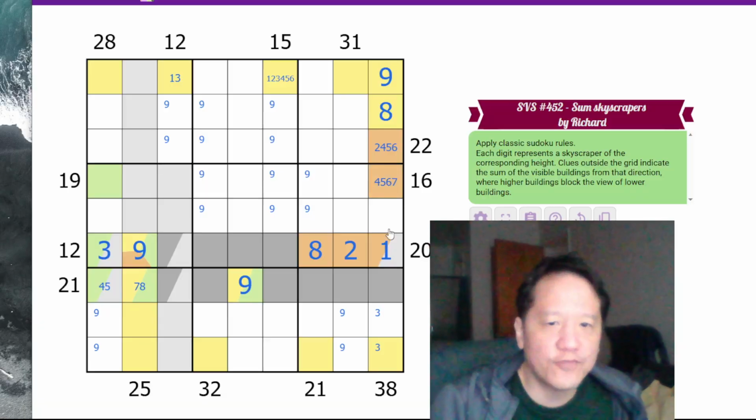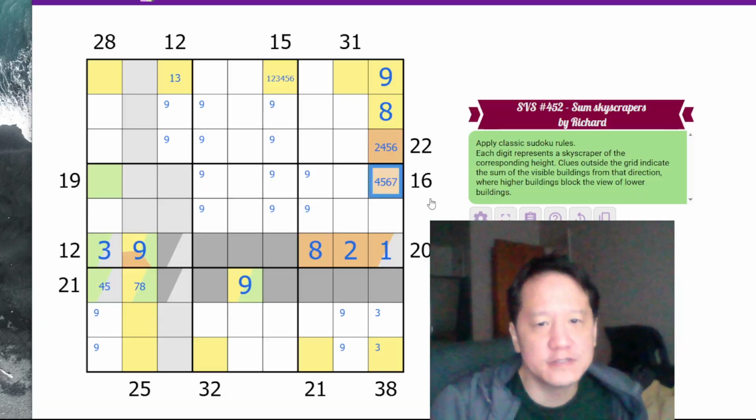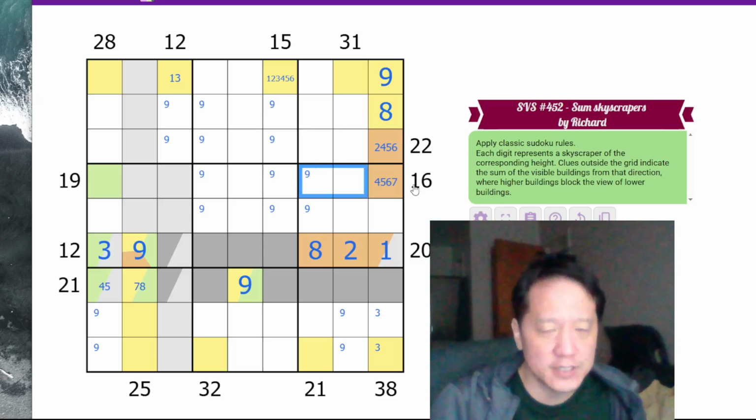If this were 4, 5, 6, the problem is it would have to see something behind it and then also the 9. There's no way that it can see 4, 5, and 6 with a lower digit to add up to 16, right? Because 16 minus 9 is 7.